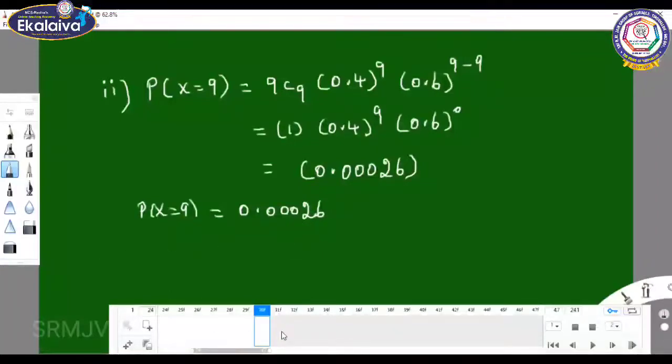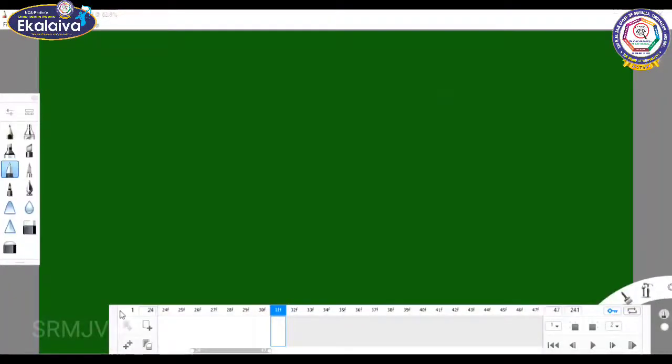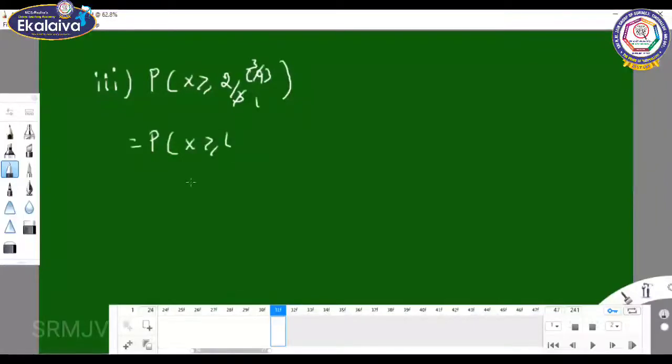Third subdivision. What is the third subdivision? At least two-third, meaning greater than or equal to two-third, have the newspaper reading habit. Two-third of how many students have you selected? 9 children. So 3 ones are 3, 3 threes are 9. So at least: P of x greater than or equal to 6.